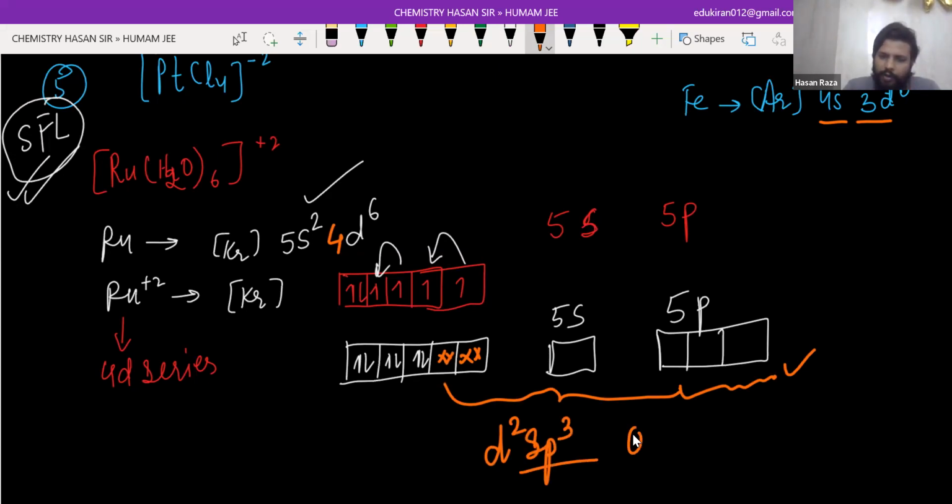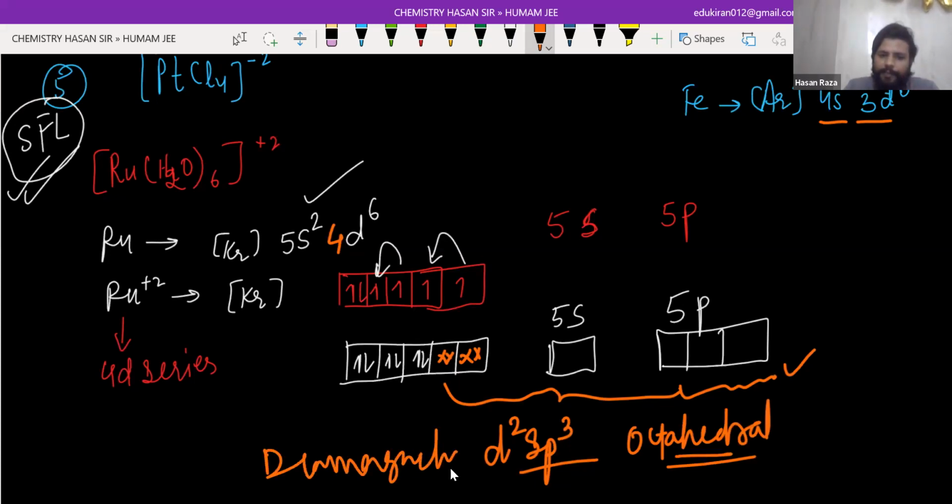So according to this it will be octahedral. Is that clear? Yes. And it will be diamagnetic. All electrons are paired. If you calculate mu, it will be equal to 0, isn't it?